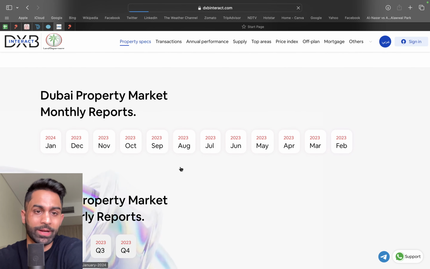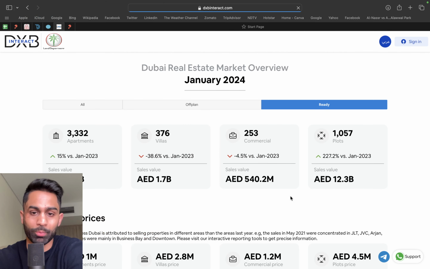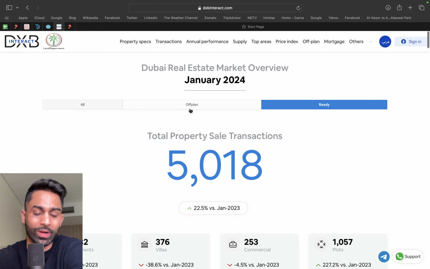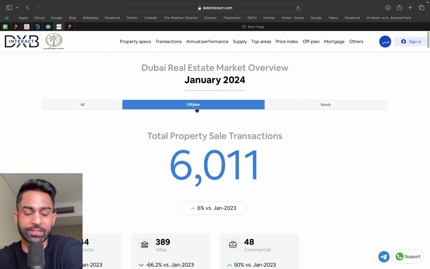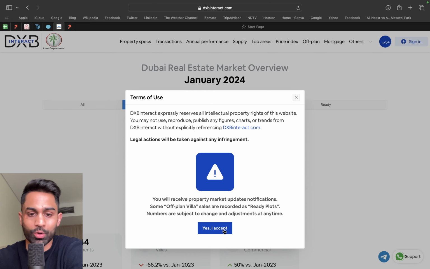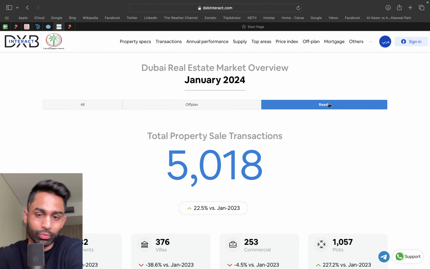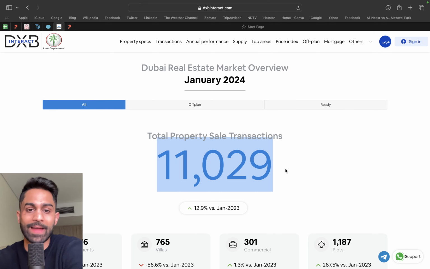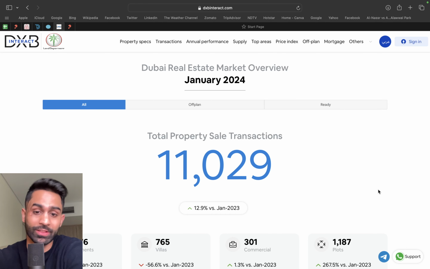If you go over to the Dubai property market January 2024 report, you'll notice the Dubai real estate market overview. These are the ready properties. These are off plan. Off plan basically means under construction, and of course ready means ready to move in. And these are all transactions. You'll notice that in January of 2024, over 11,000 property transactions happened, 11,000 sales.